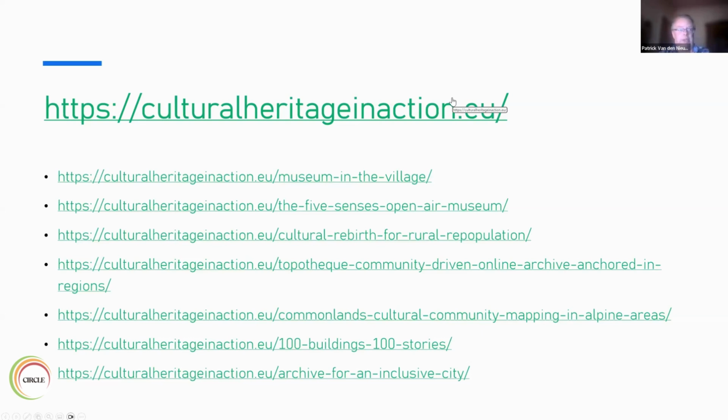It's called Cultural Heritage in Action, and these are some examples of good practices on how you can activate heritage in your community. And I was searching for some examples that are perhaps also useful for the project.